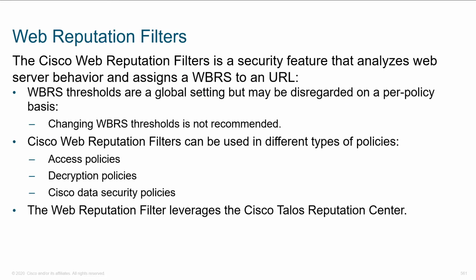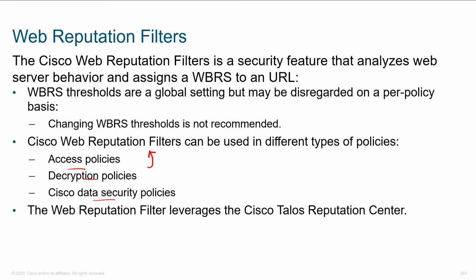So let's start off by taking a look at the web reputation filters. This is basically a scoring system very similar to what we saw on the email side, on the ESA, and it's going to let us better understand the servers on the far end that our clients are communicating with. A lot of times when a client connects to a server, within our access policies, decryption policies, and data security policies, we can reference the score of the web reputation filter when selecting our actions.